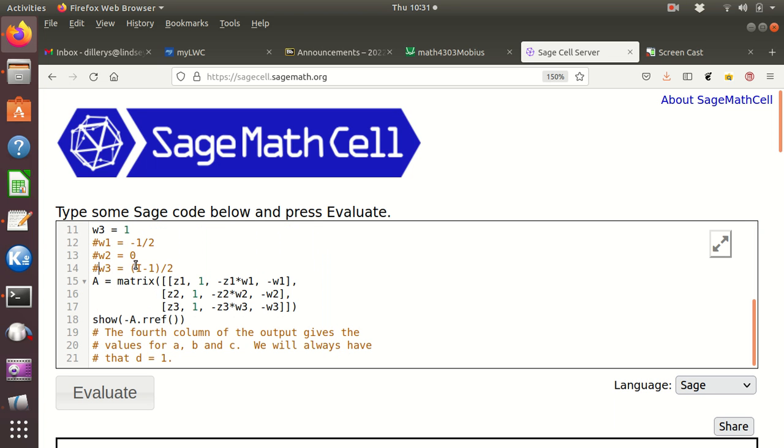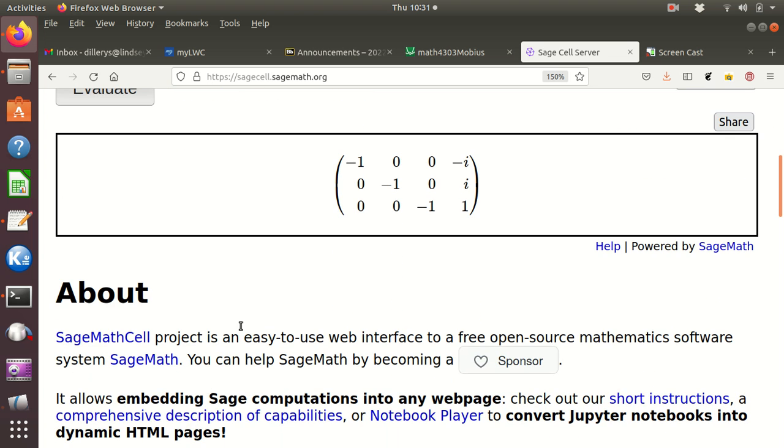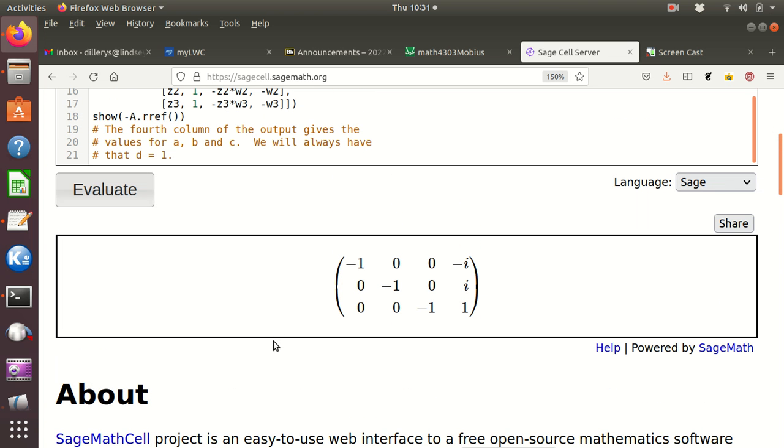Now I have some other points in here for later, but here's where I make that matrix of the z's and z's times w and so forth. Here's where I do the reduced row echelon form, but put a minus sign out in front of it. And so, reading this off, I get minus I, I, and 1.